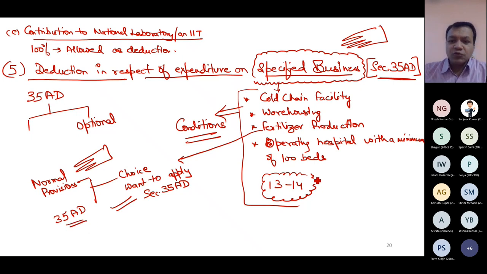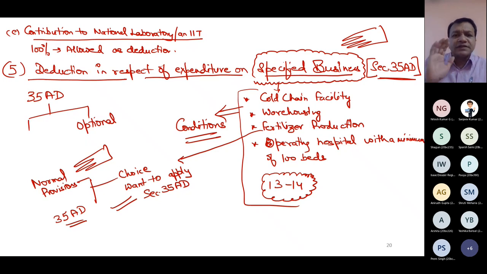As I told you, in all these 13 to 14 businesses covered in section 35 AD, I can compute my business income as per normal provision or as per section 35 AD. That is why in the Income Tax Act you will always find it separately written: income of specified business 35 AD. That means this covers that business which has shown interest in computing the business income as per section 35 AD.